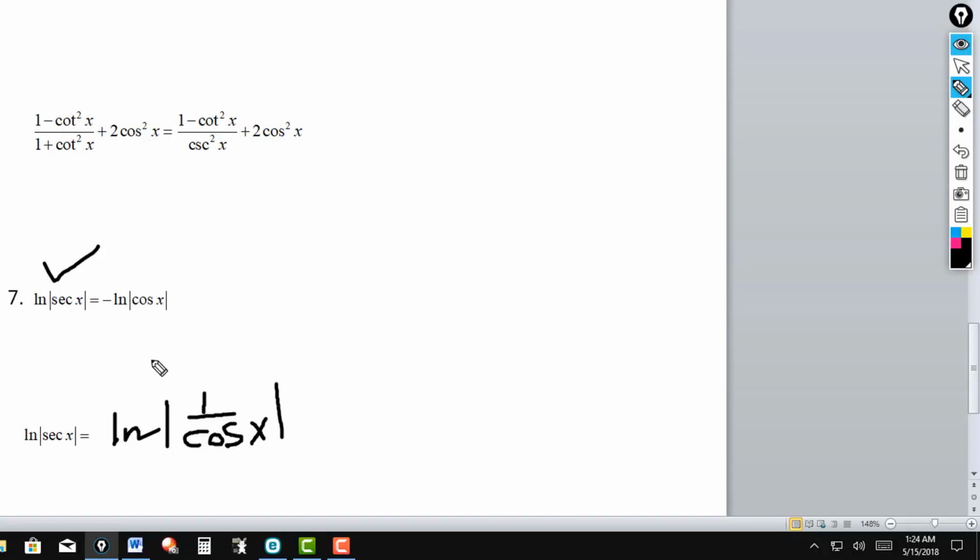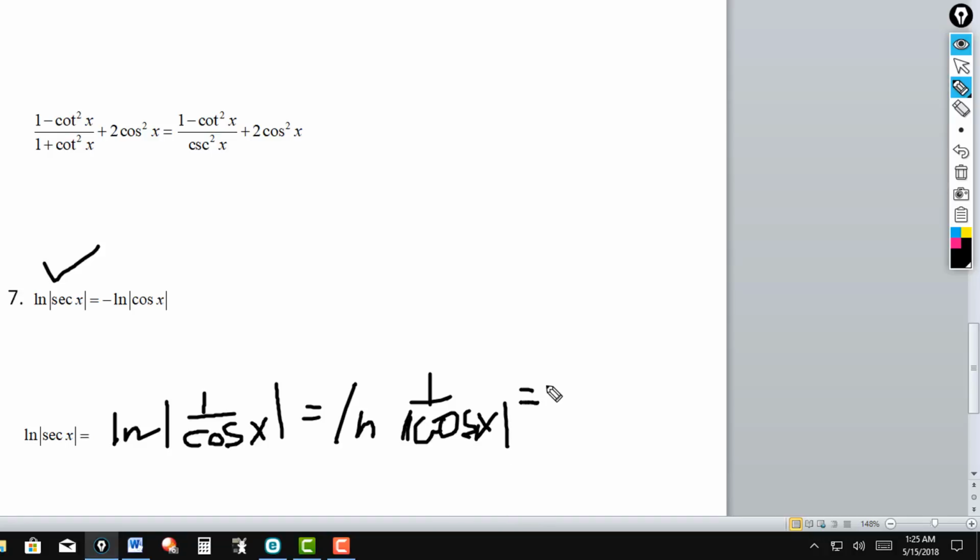This is then the same thing as the natural log of the absolute value of 1 on top, and absolute value of cosine of x on the bottom.